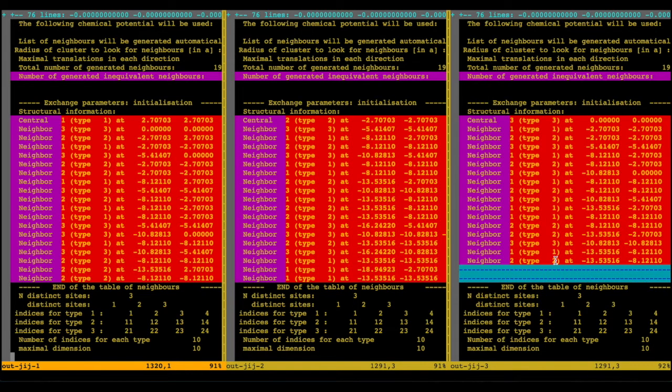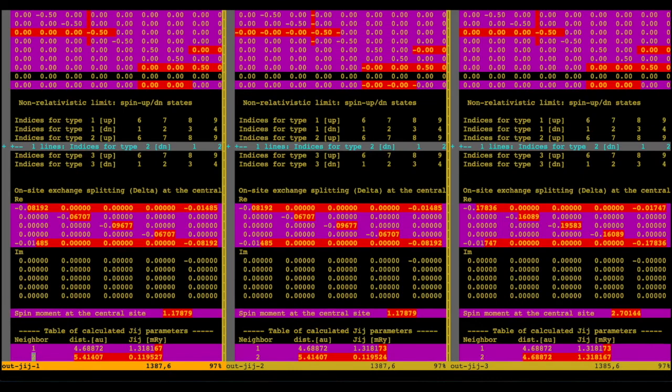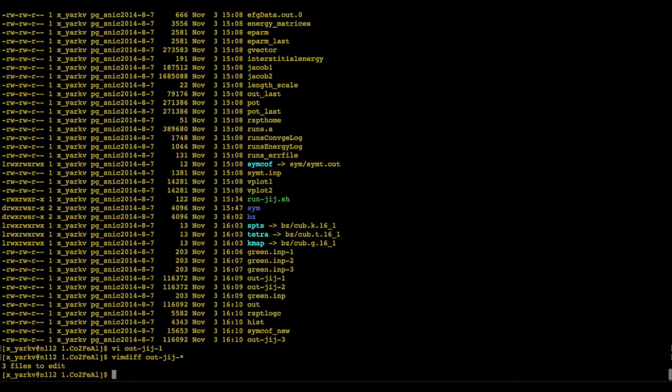So we go to the bottom and we can compare, for example, the exchange splitting. We can see that on iron we have much larger exchange splitting, and as a result also larger magnetic moment. These two quantities go hand in hand, so it makes perfect sense. So that's it for this first example, and now we can proceed to the second one.